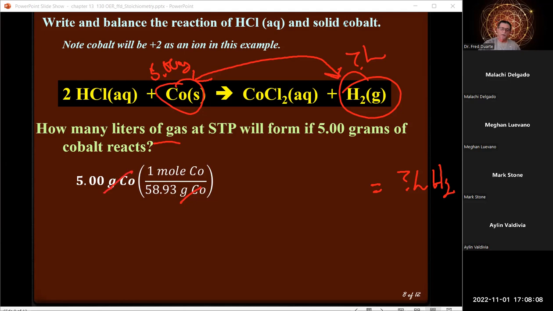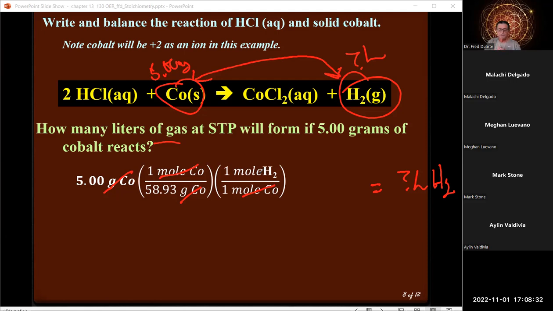Okay, now what we need is to relate the moles of cobalt to the moles of hydrogen. And that comes from the balanced chemical equation, because it's a 1-to-1 ratio. So notice now, unit-wise, the grams of cobalt cancel, moles of cobalt cancel, leaving us with moles of hydrogen.